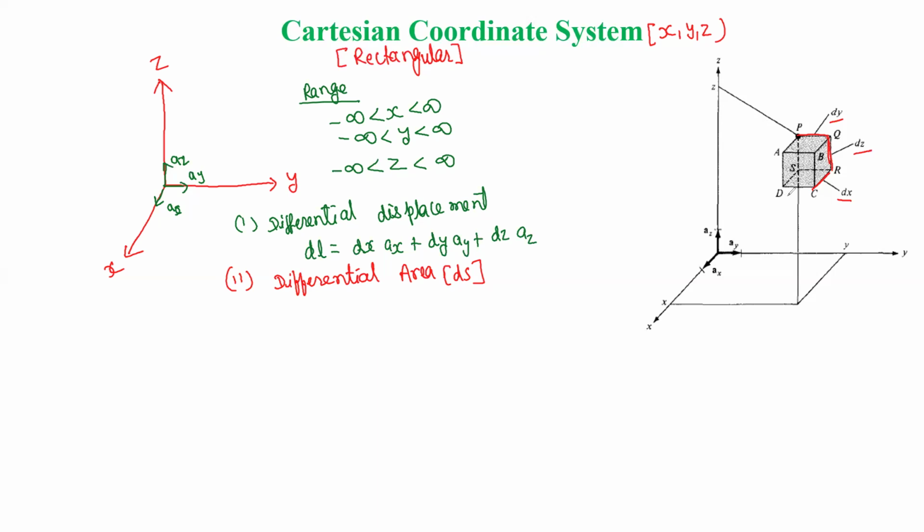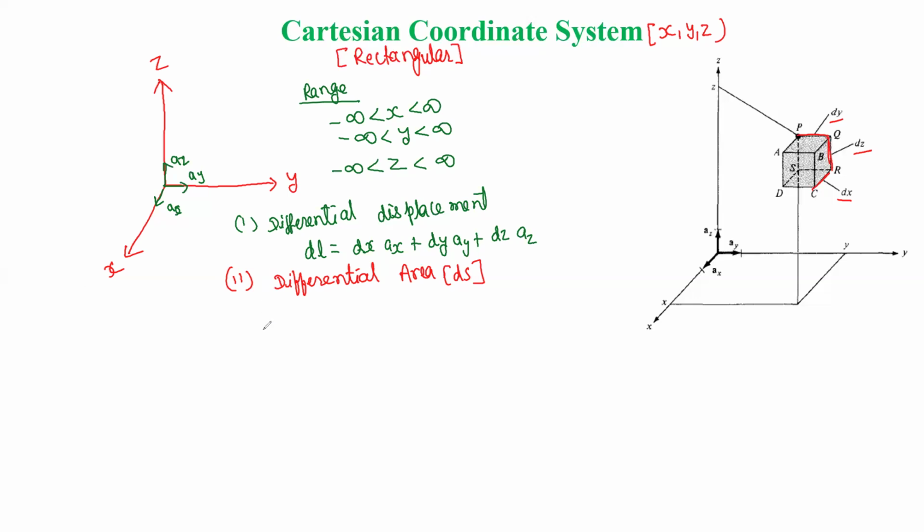Now what will be the differential area expression, and what will be the direction? For this area, the vector will always be perpendicular to the plane that contains these two vectors. In whichever plane we have the differential area, the area vector will always be perpendicular to that plane.